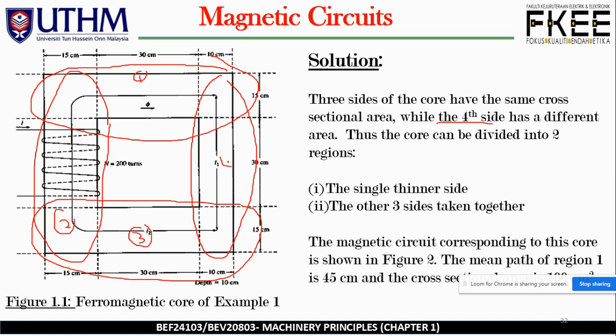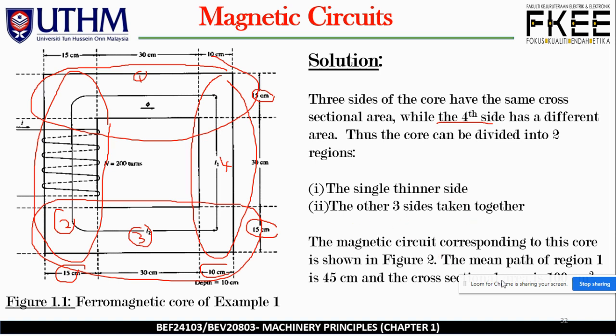You see this is the uniform width, which is 15 centimeter, and we have another 15 centimeter. We have 10 centimeter width for the fourth leg. Here also, similarly, the third leg is 15 centimeter. So the single thinner side, and the other 3 sides taken together.